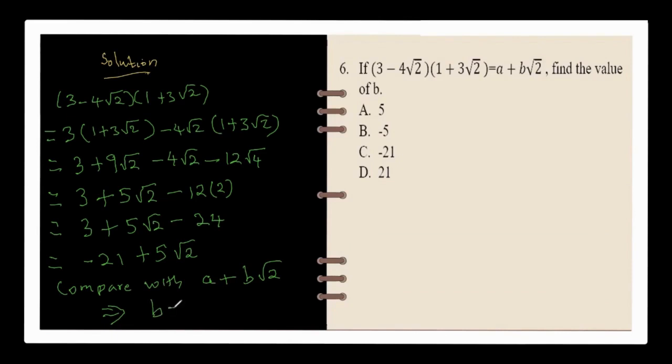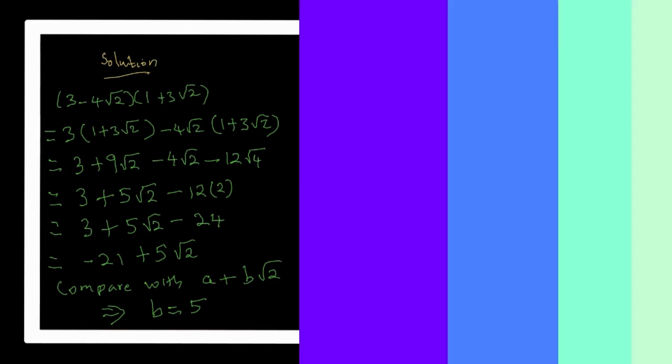So here b is 5. We go to the options and we see that option A is the correct option. So this is the correct option, and we mark it and then proceed to the next question. We proceed to question number 7.